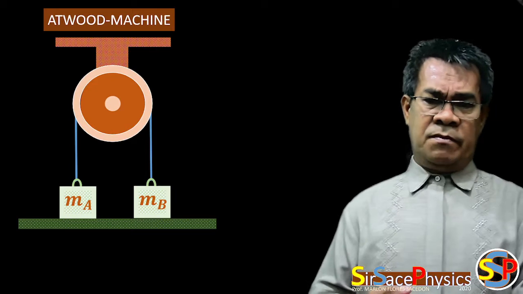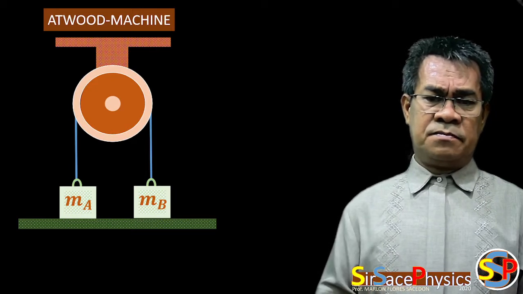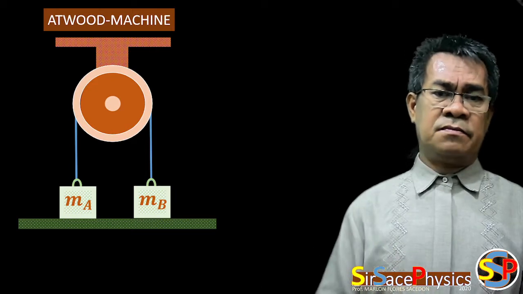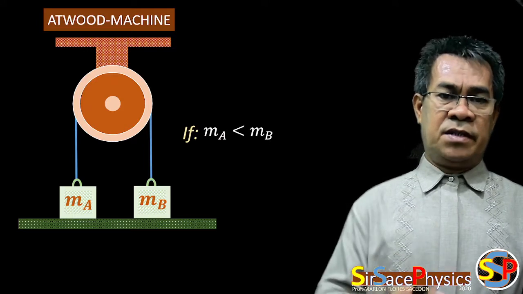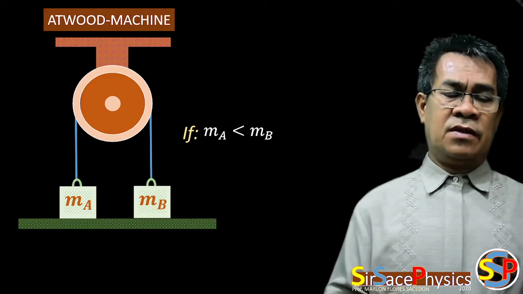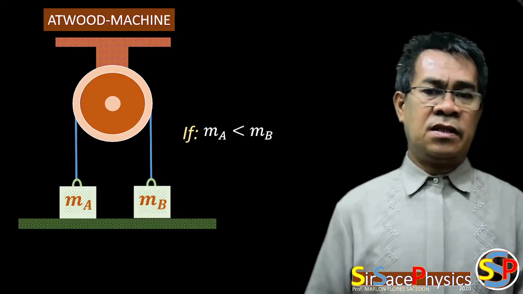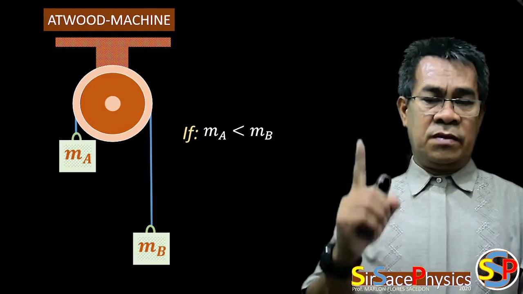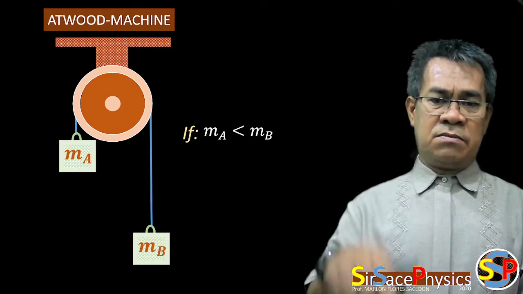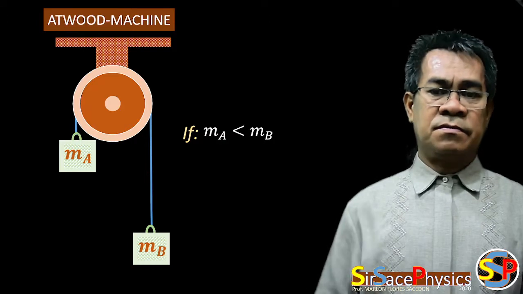Now, if we have this object, mass A and mass B. Suppose mass A is less than mass B, meaning it has a smaller mass value than mass B. Now, if we release it, then surely mass A will move upward, while mass B will move downward. Why?